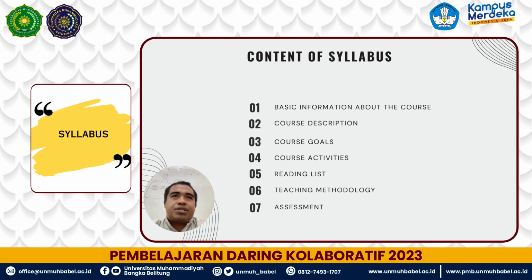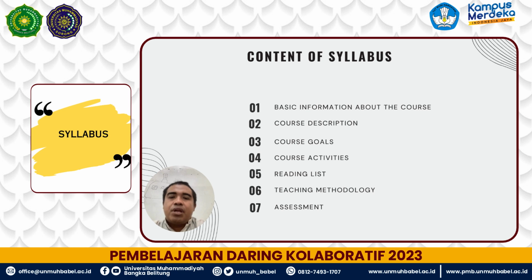Number two is the course description. In this part, the teacher should give some descriptions to introduce all materials, including learning materials, and also the competence of the students that will be gained after being given the material.